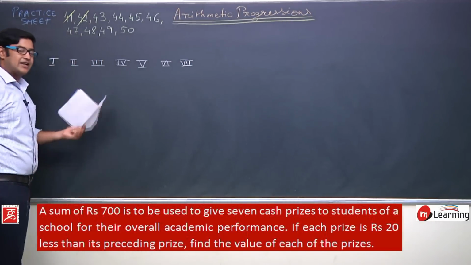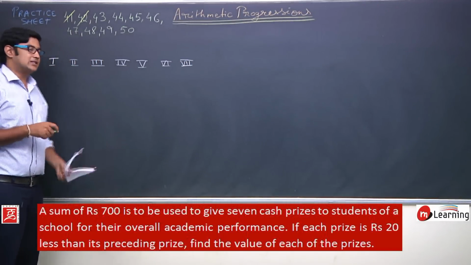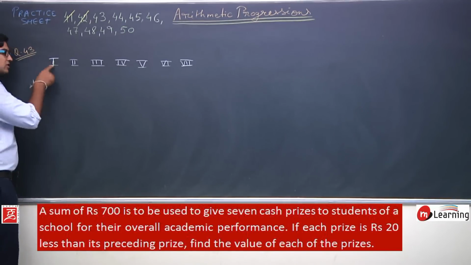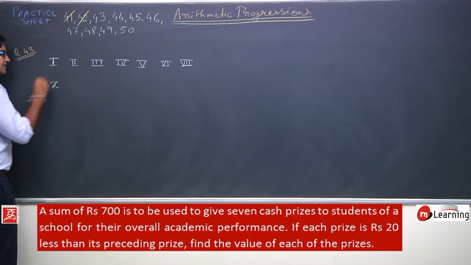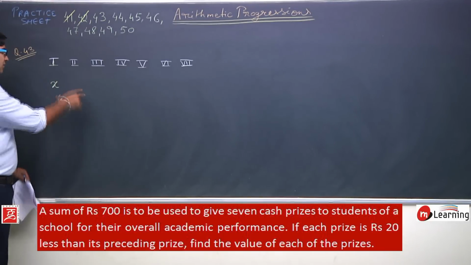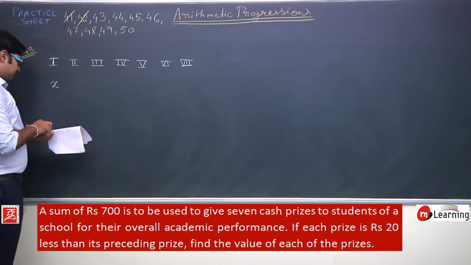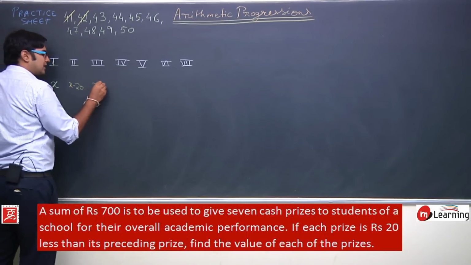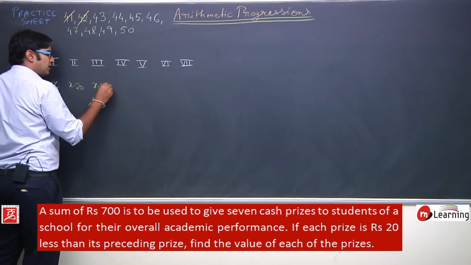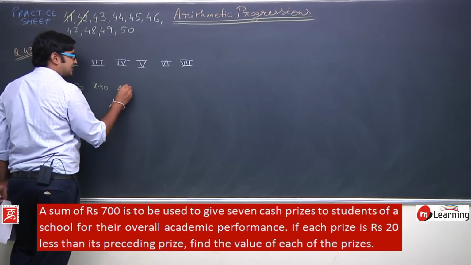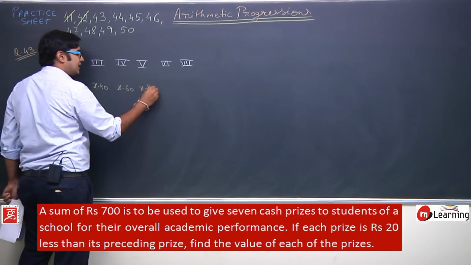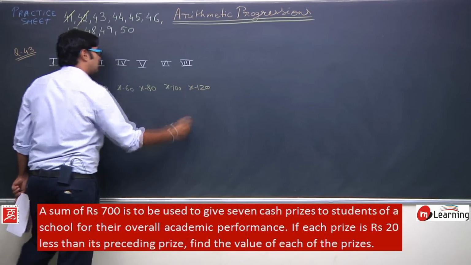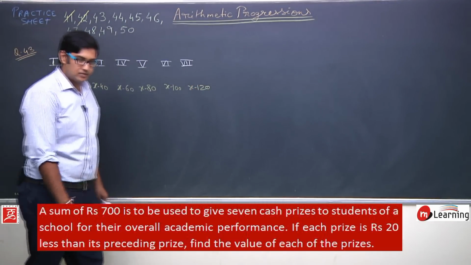Okay, so for these 7 cash prizes, let us say the amount given for the first prize is rupees X. Then the amount for the second prize will be X minus 20. Then the amount for the third prize will be X minus 40. The amount for the fourth prize is X minus 60. Then it will be X minus 80. Then it will be X minus 100. And then it will be X minus 120. This is what we can get.